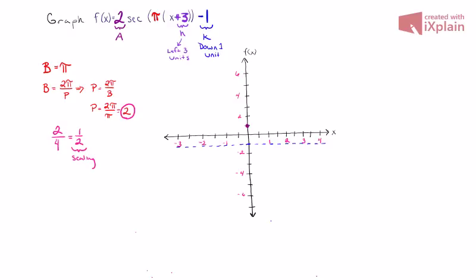But since we have a +3 inside the function, we're told that we moved everything to the left 3. So I actually want to take this point that you're seeing here, and I want to move it over 3 units. So actually, I have to move it over here.